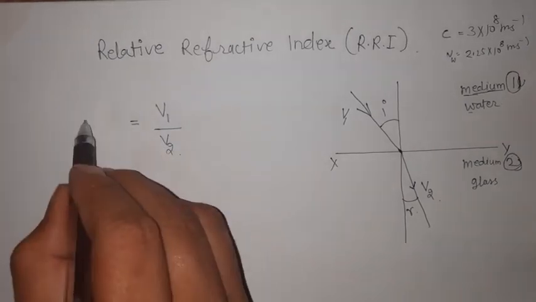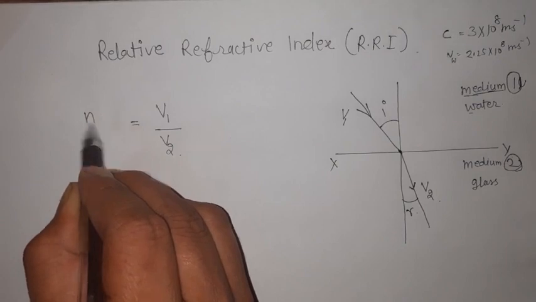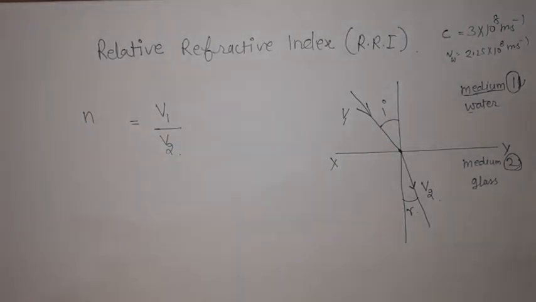So this ratio of the speeds is equal to the relative refractive index.